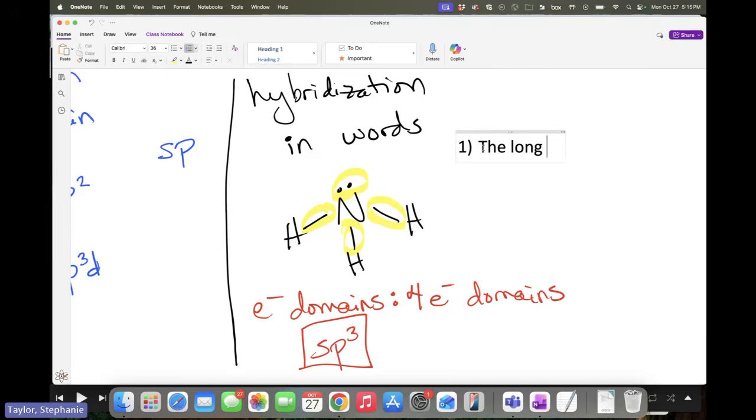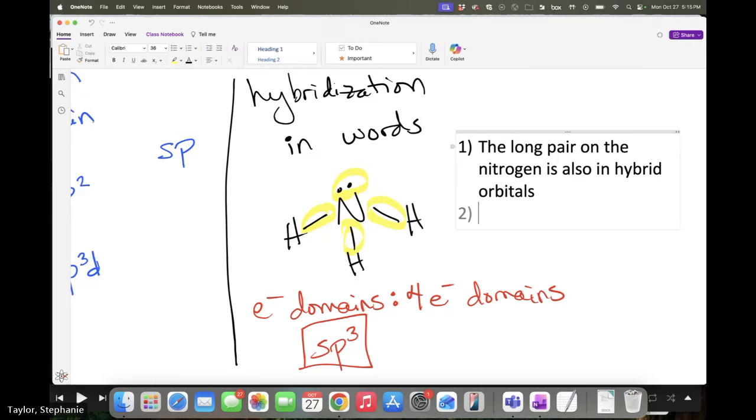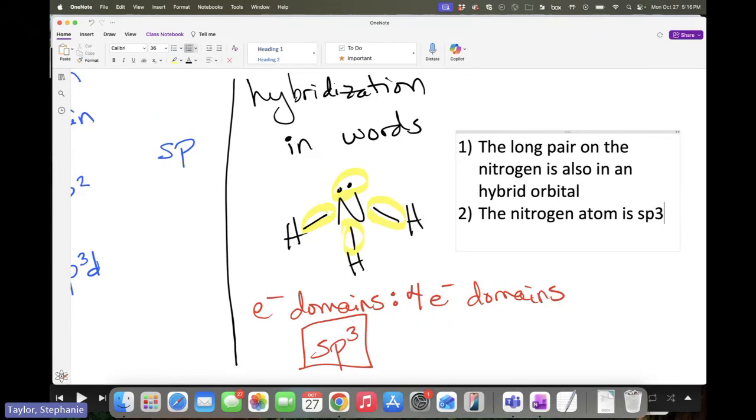The lone pair on the nitrogen is also in a hybrid orbital. There's just one of them. As we already said, the nitrogen atom is sp3 hybridized.